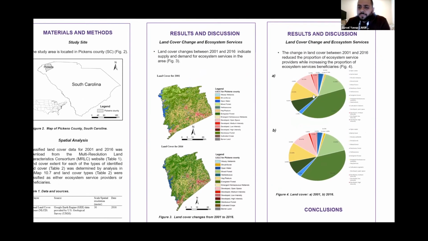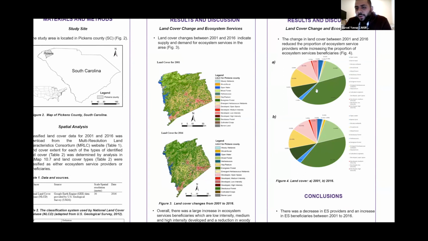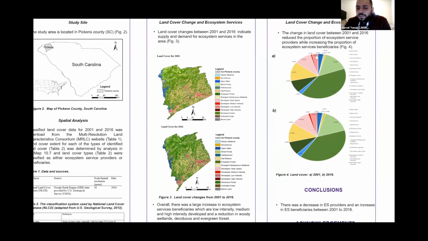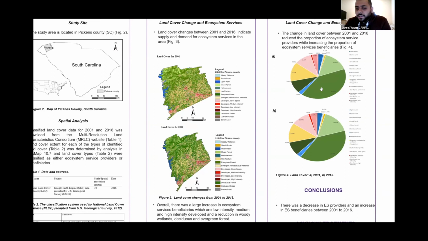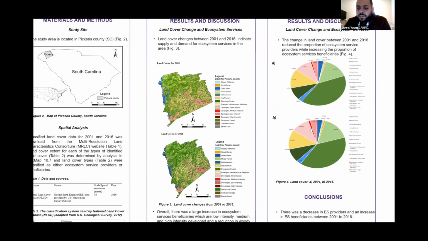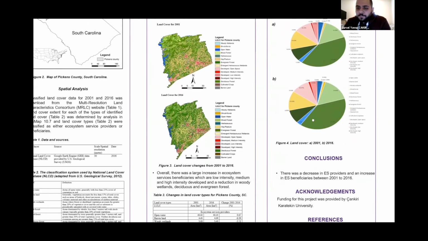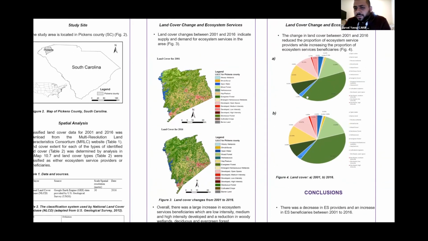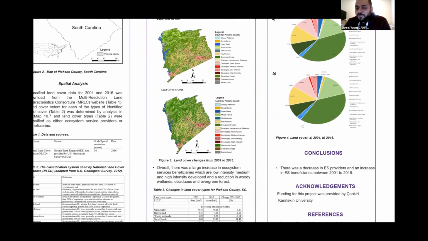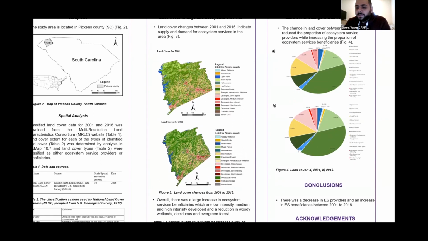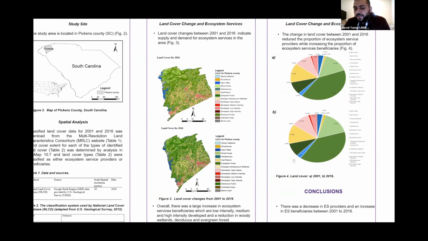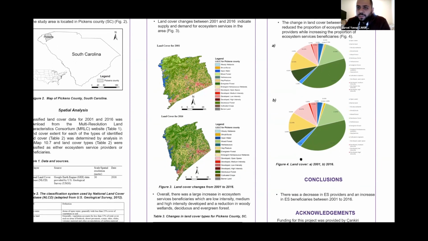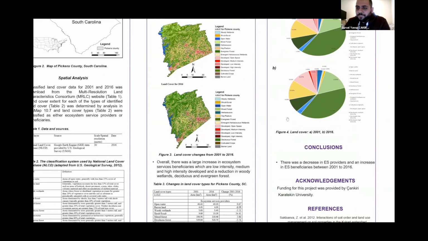And we can get the pie chart. Here is forest, and here is ecosystem service beneficiaries. Here is 2001, and here 2016, and it has some results. Decrease in ecosystem service providers and an increase in ecosystem service beneficiaries between 2001 and 2016.